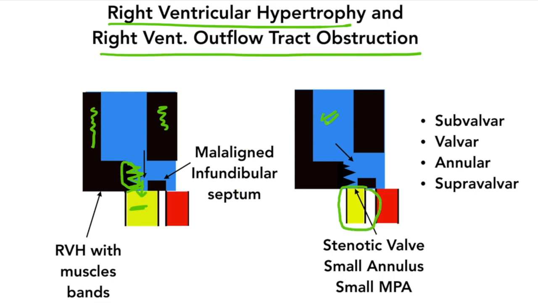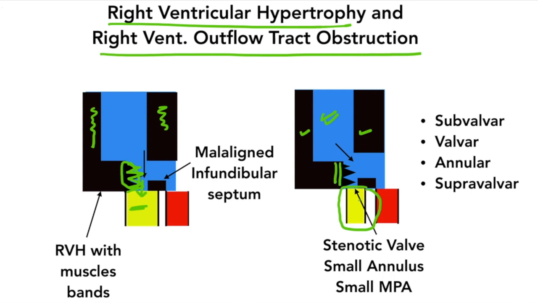In the right ventricle we saw the cause was RVH and the muscle bands. So the right ventricular causes of outflow obstruction in tetralogy are the RVH and the multiple muscle bands.